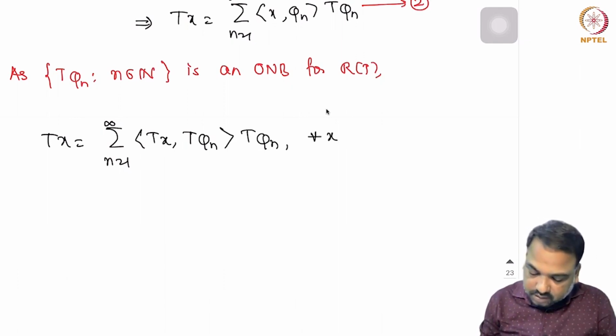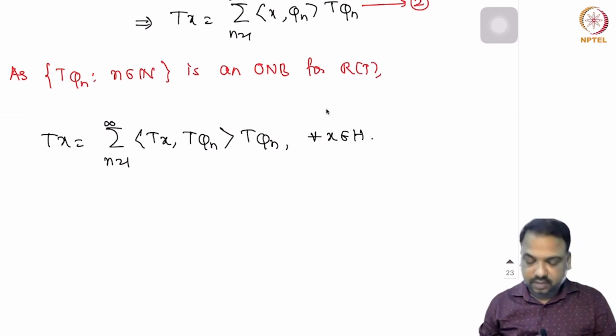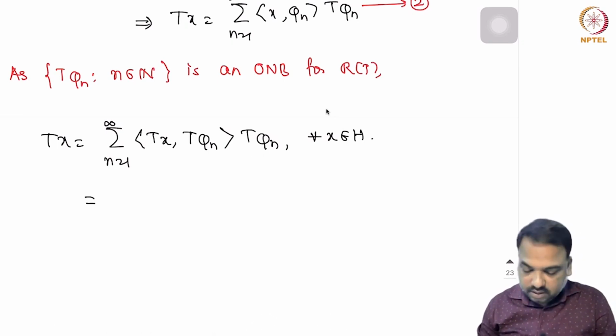This is for every x in H. This is because of the Fourier series of Tx with respect to the orthonormal basis T phi n.